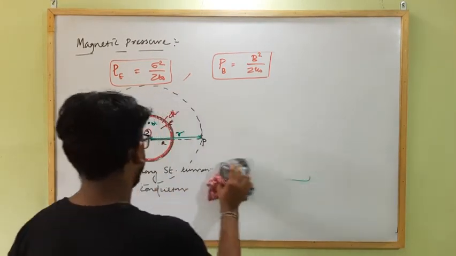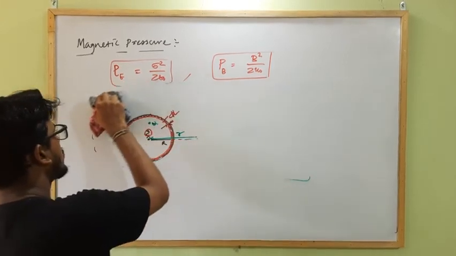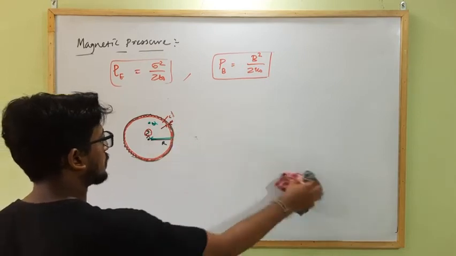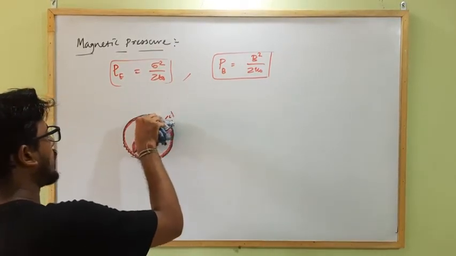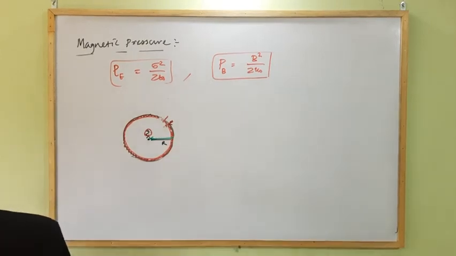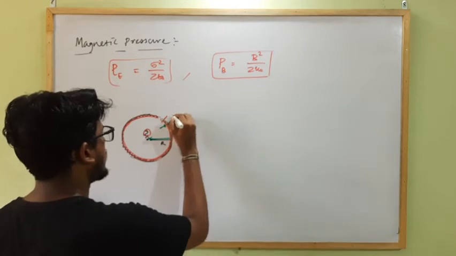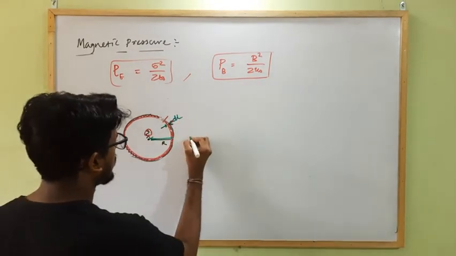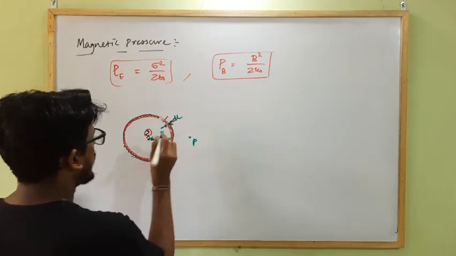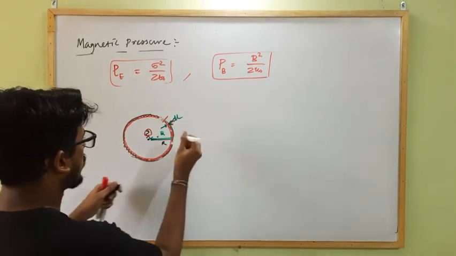Now just imagine 2 points of this current carrying infinite conductor of thickness dl and radius r. Here is a point P outside the surface, and here is a point Q inside, and just divide this current carrying conductor into 2 parts.